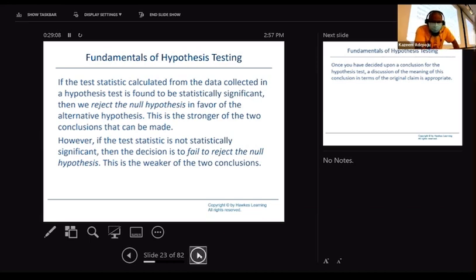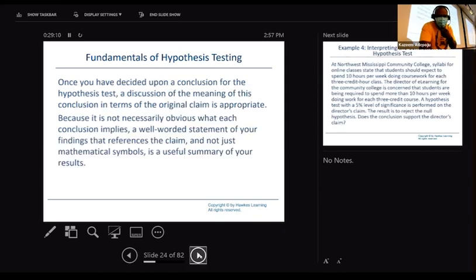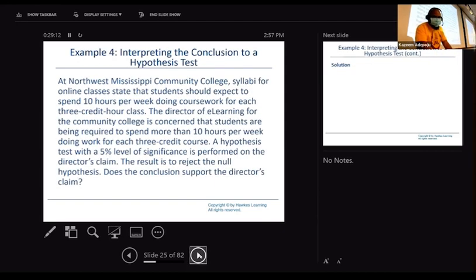Now, I actually want to walk you through how we interpret the conclusion to a hypothesis test. At Northwest Mississippi Community College, syllabus for online, I think we've worked on this example, but the only addition here is that the director claims students spend more than 10 hours, right?